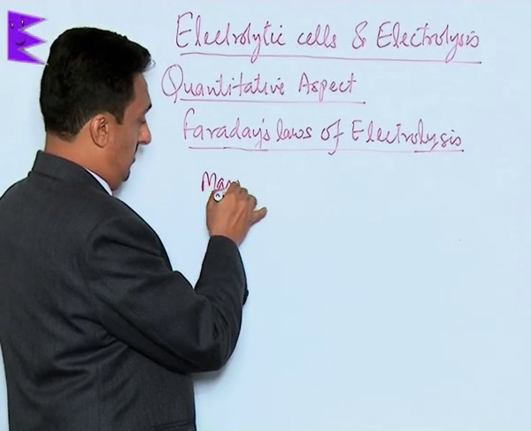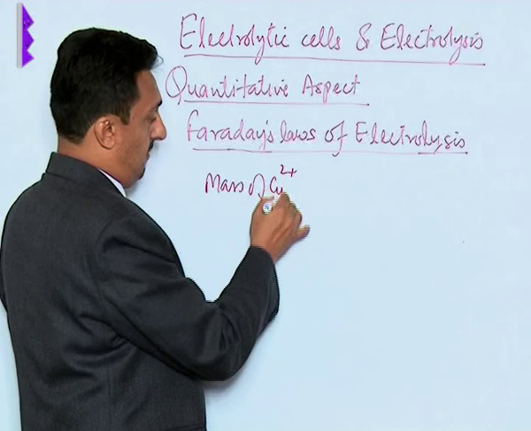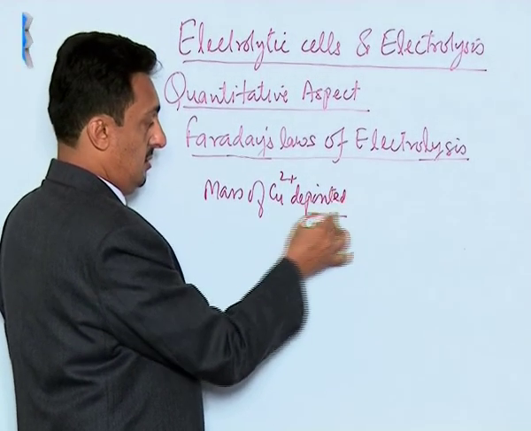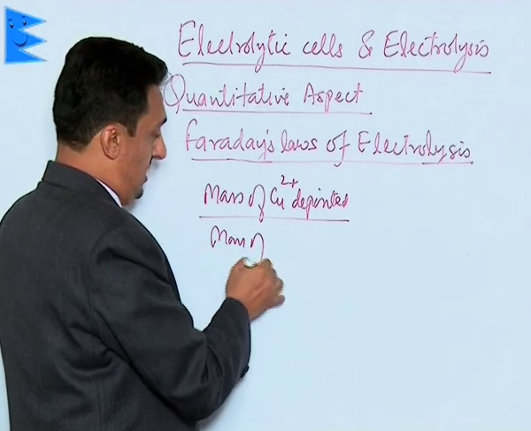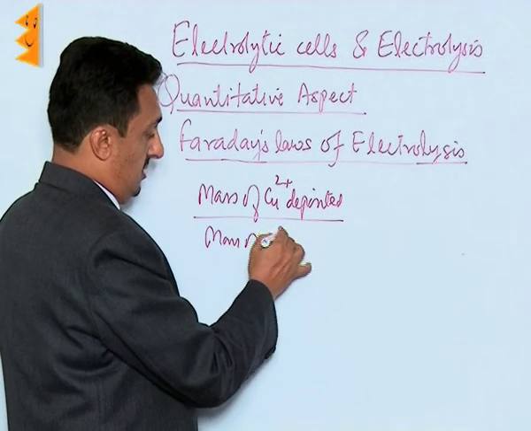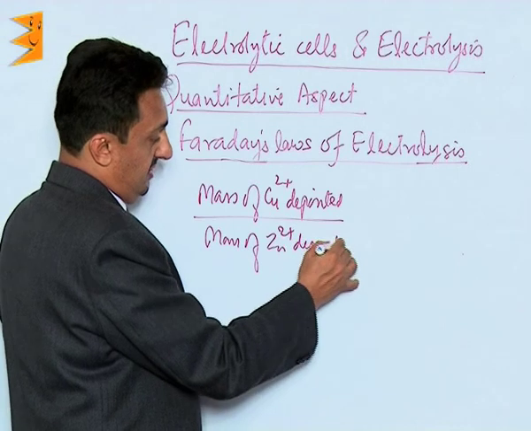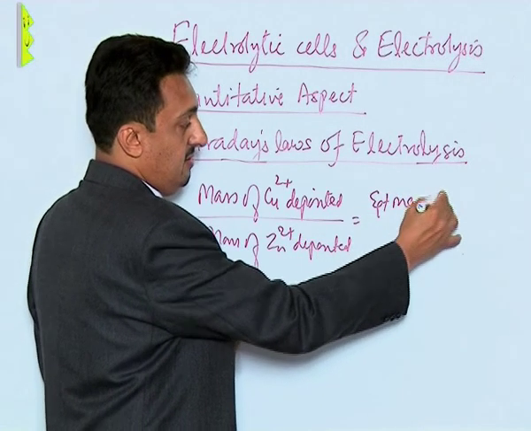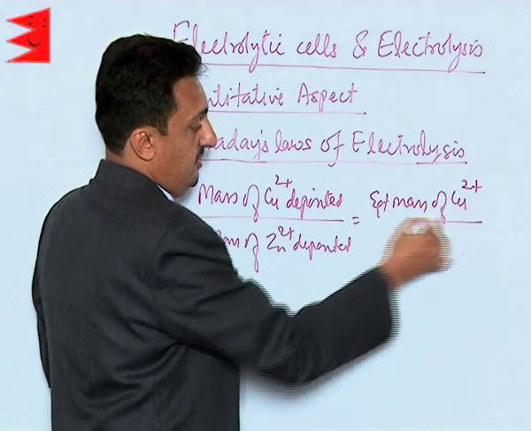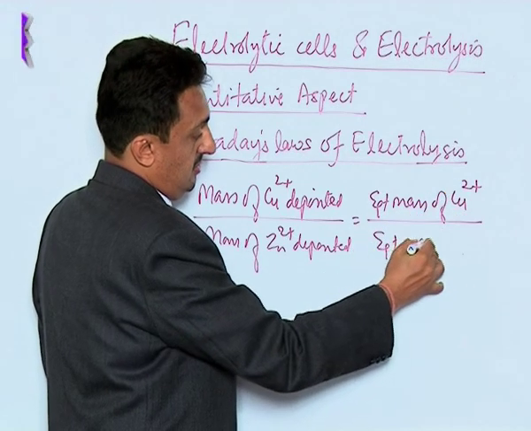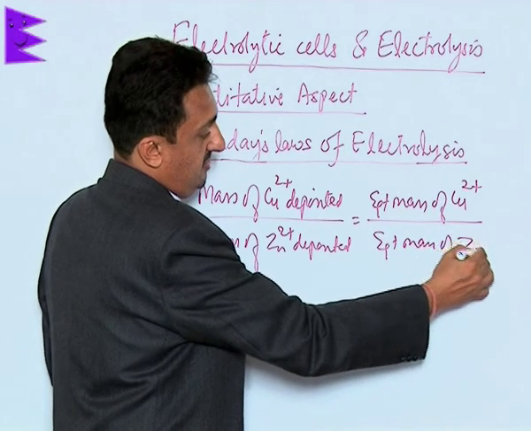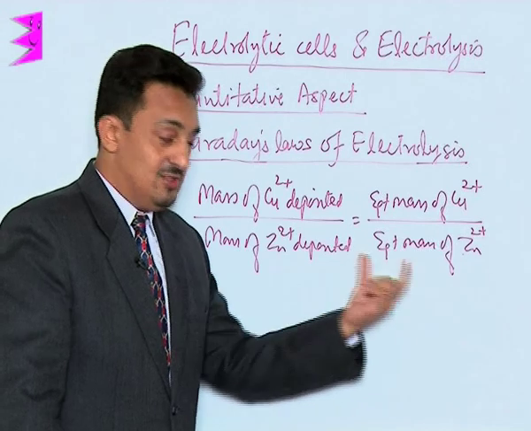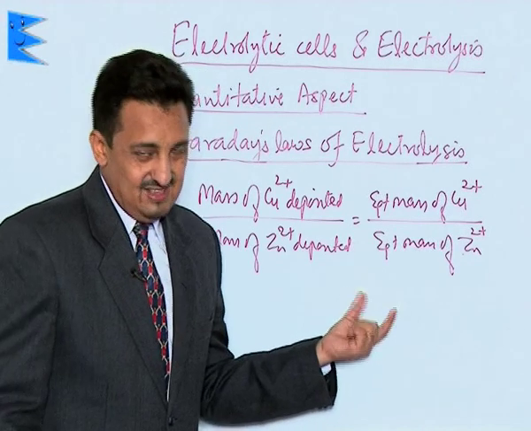The mass of copper deposited upon the mass of zinc deposited will be equal to the equivalent mass of Cu2+ upon the equivalent mass of Zn2+, because the Q passed when those two electrolytic cells were connected in series was the same.